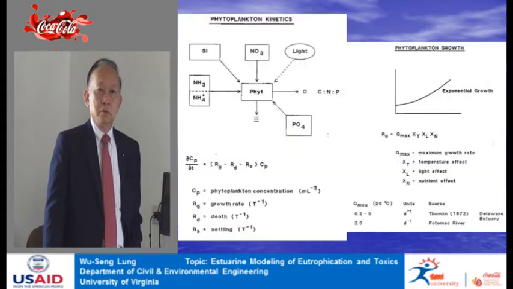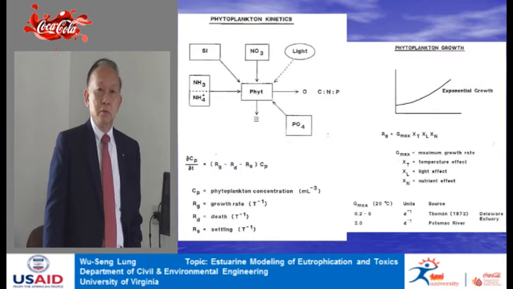Now, this is a simple illustration. Phytoplankton, algae, take all these nutrients and light. The growth rate is characterized as a function of temperature: maximum growth rate times the discounts. These three X's are discounts.